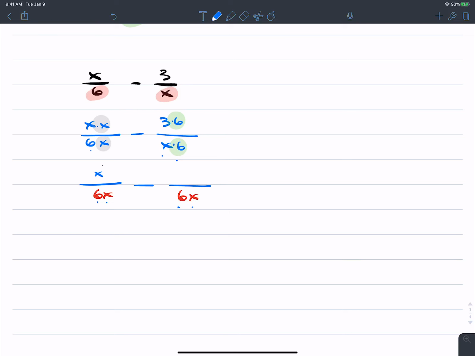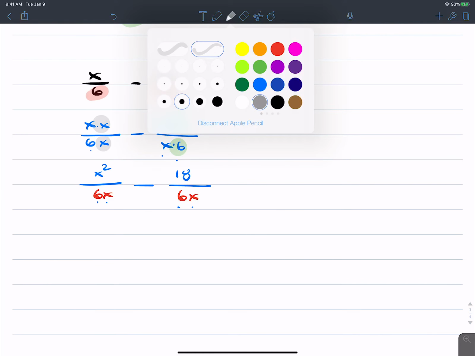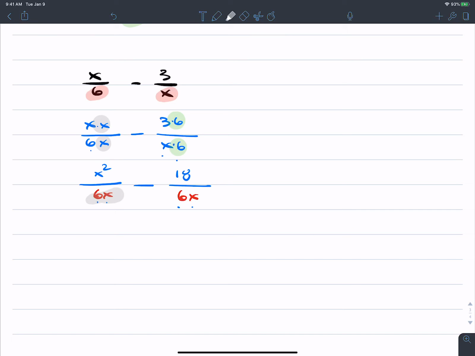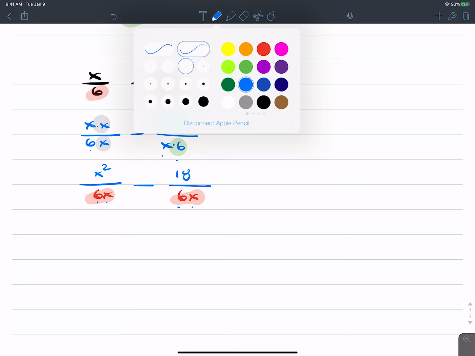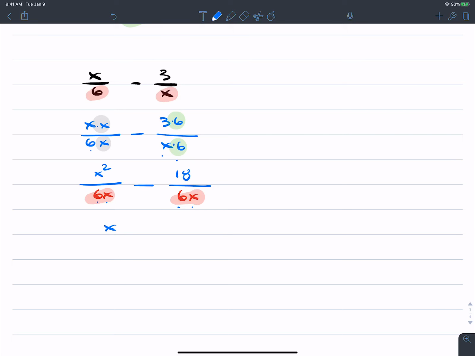So we'll get x squared, and we'll get 18, and now our fractions are like. Same denominator, right? So since they're like, all we have to do now is the arithmetic in the numerators, x squared minus 18, and divide by the denominator of 6x.